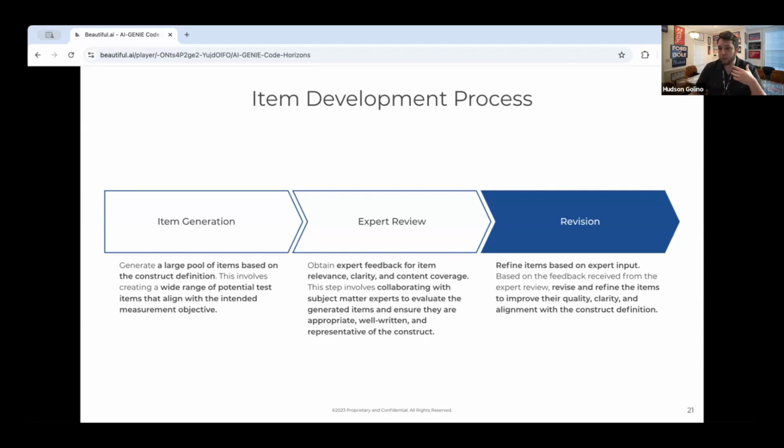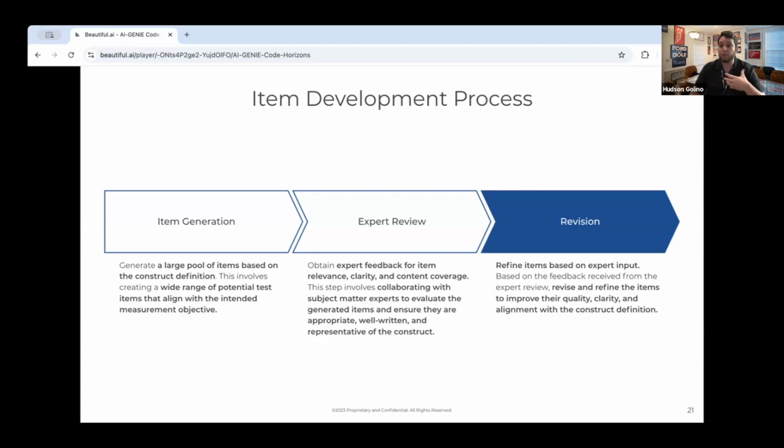And then usually we get expert reviews. So we ask experts in that domain, in that construct, for feedback regarding item relevance, item clarity, content coverage. And usually we employ around 5 to 10 subject experts.